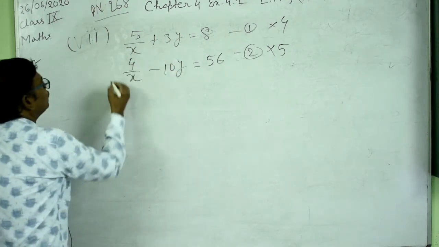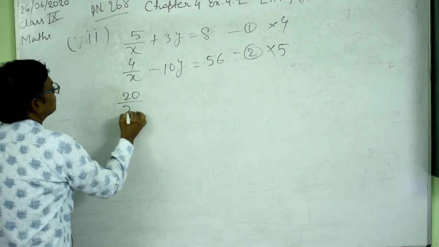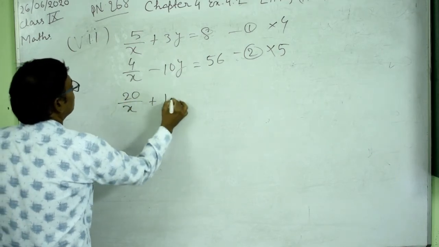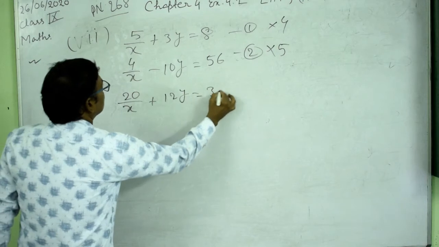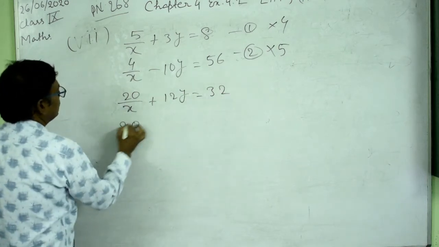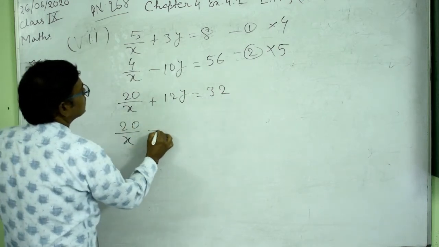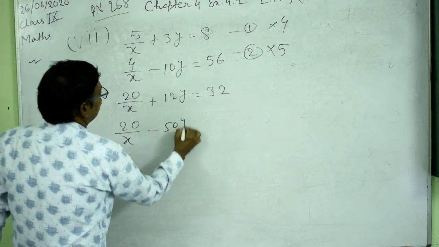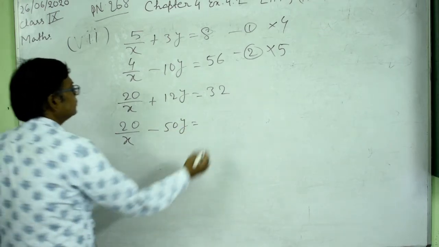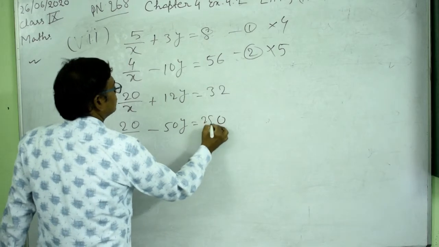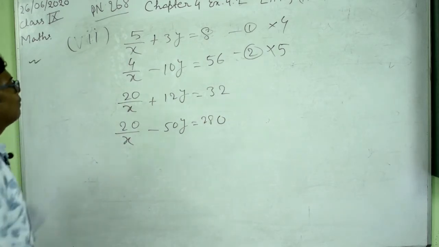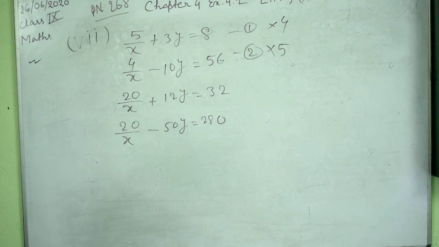That is now 20 by x plus 4 times 3, 12y, equal to 32, and here also 20 by x minus 50y equal to this, okay. When you multiply 56 by 5, you will get 280.